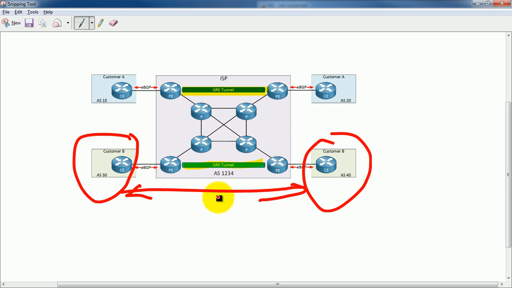There are only two places where we need BGP. The first is BGP between PE and CE routers. The second is BGP between the two PE routers.